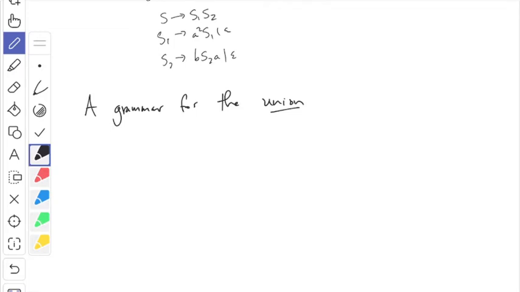A grammar for the union. How about this? The language which consists of a to the k, b to the k, union, I would say x such that x has an even number of a's.